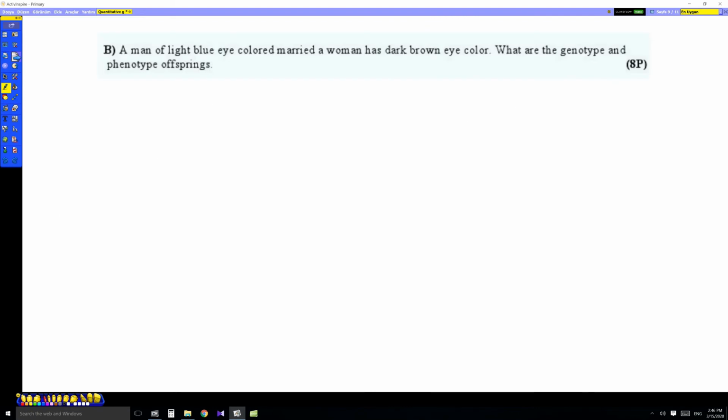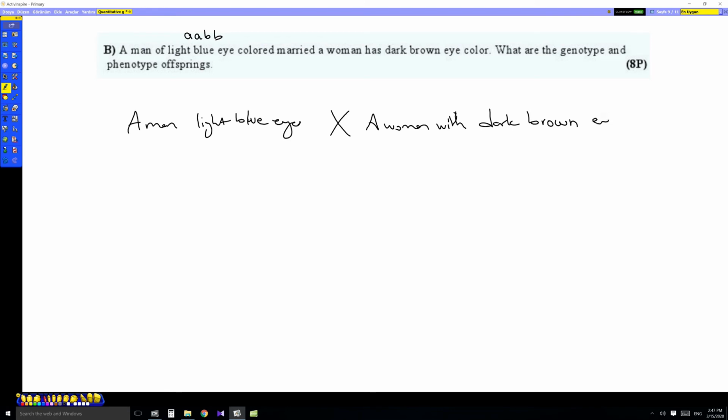Another question previously asked in the ministry exam: a man with light blue eyes, meaning all recessive alleles, married a woman with dark brown eyes.